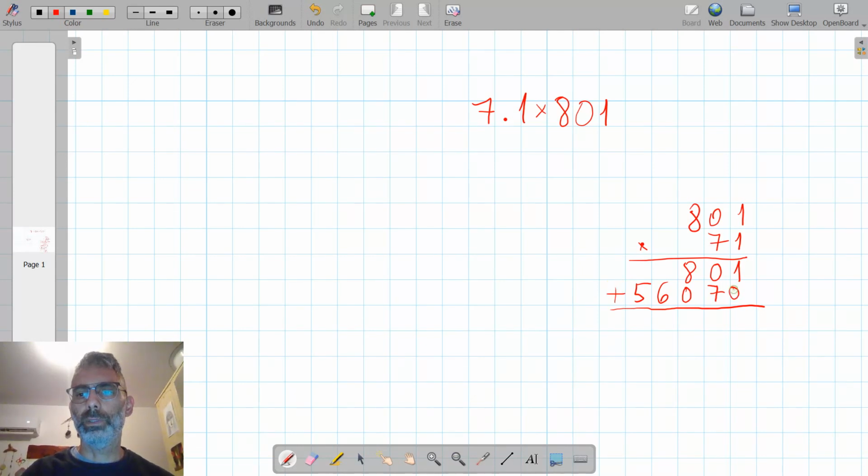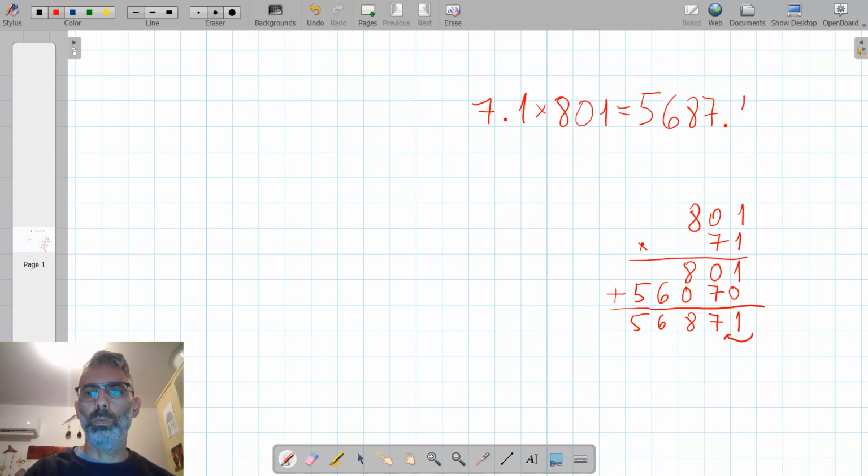Plus 1 times 0 is 1. 7 plus 0 plus 7 is 7. 8 plus 0 is 8. 5, 6. Then I shift the decimal point 1 place to the left, so the result is 5,687.1.